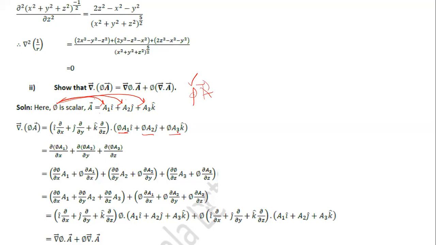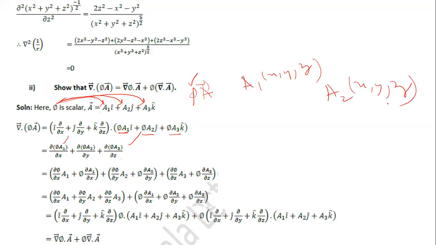Right? So when you take a divergence like this, i dot i is 1, so del phi a1 upon del x, j dot j is 1, del phi a2 upon del y, k dot k is 1, del phi a3 upon del z, right? Again, a1 is the coefficient of i cap, as I said before. It could be a function of x, y, and z, like I already mentioned before. a2 could be a function of x, y, and z.